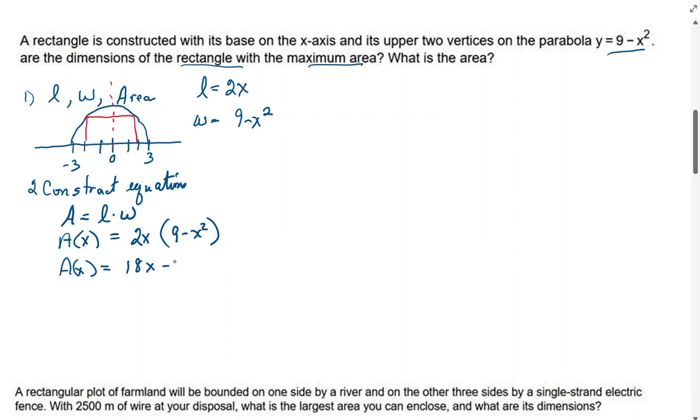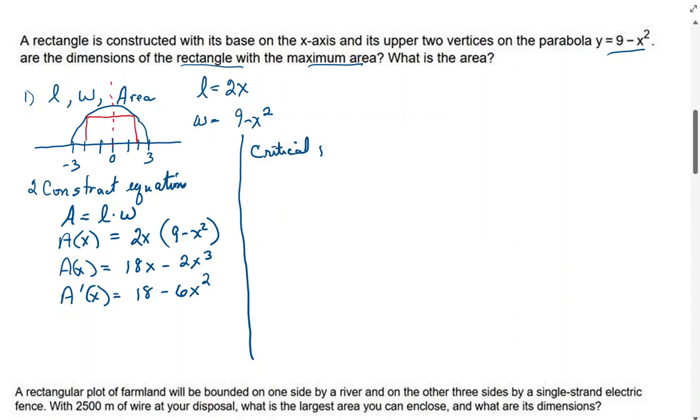But check my math, you know how I am. All right. So now I'm going to take the derivative. All right. So now that I've done that, I have to find the critical points, if any. In some cases, it can be more than one, but on this one, it's only one.